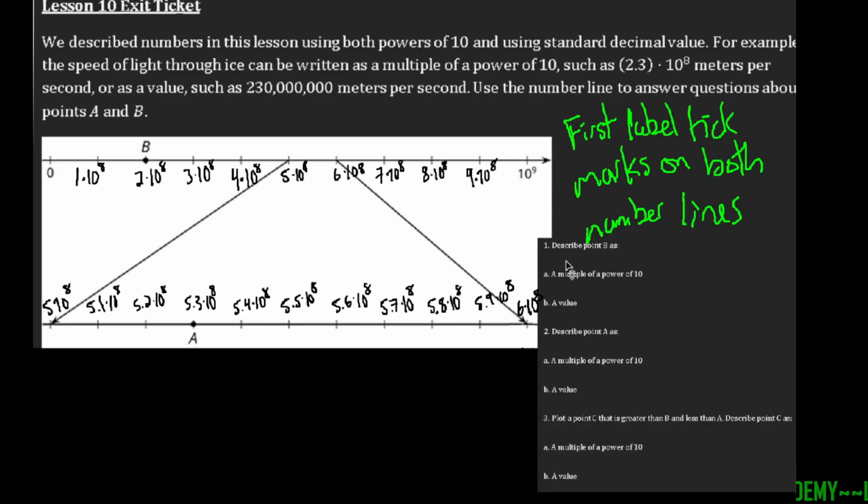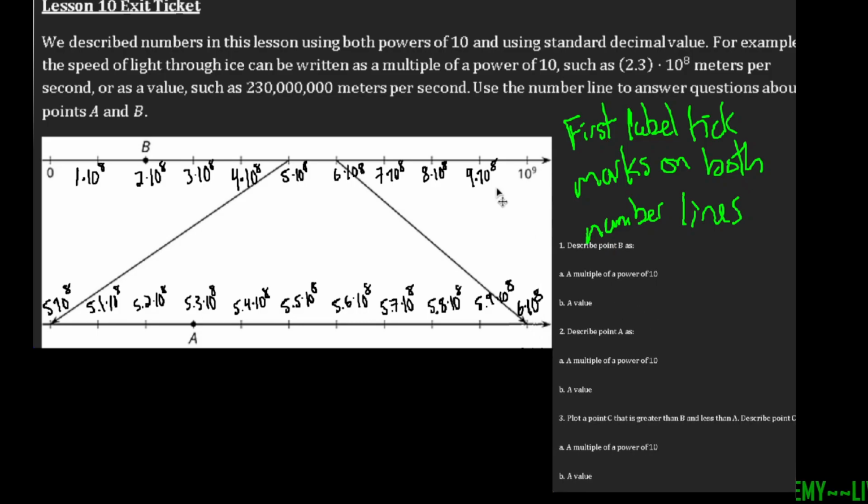So make sure you can answer those questions that go with the points here. So it says for number 1, describe point B as a multiple power of 10 and as a full value. So for example, I would say for that point B, it's going to be 2 times 10 to the power 8, which if I multiply it out, I just count those zeros.